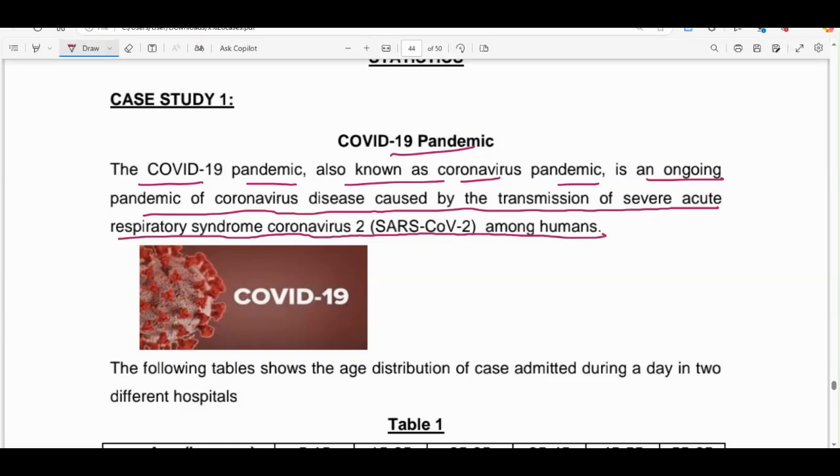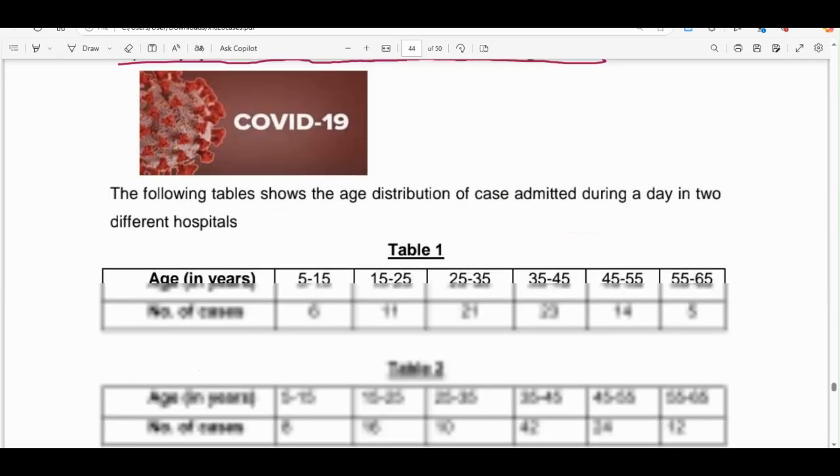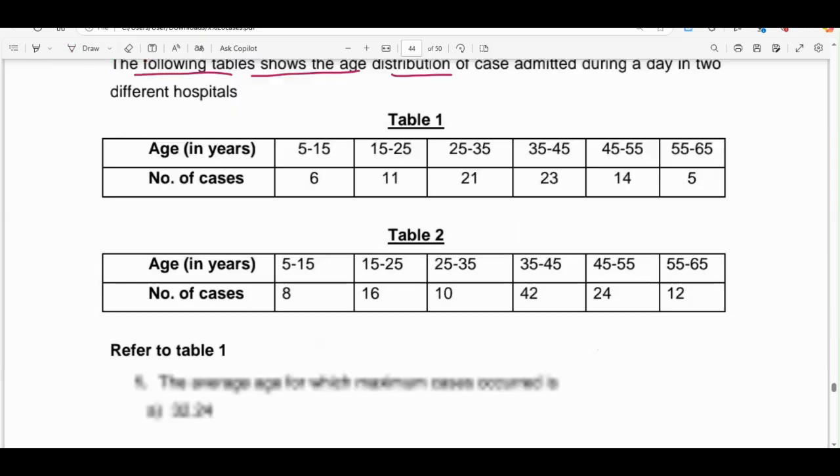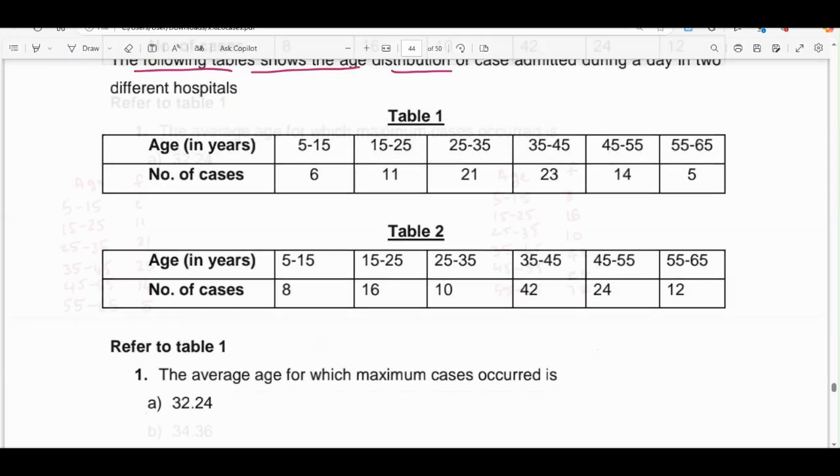So we are familiar with the COVID. They have given some data and we have to find the answer. The following table shows the age distribution of the cases admitted during the day in two different hospitals. So in one day, so many age groups and so many patients.